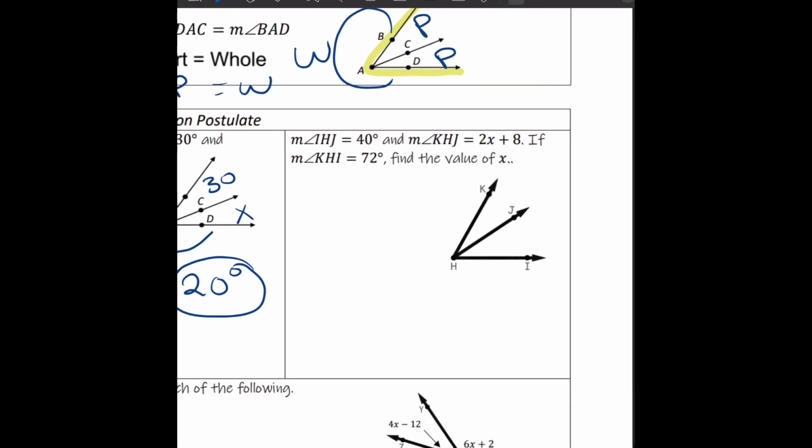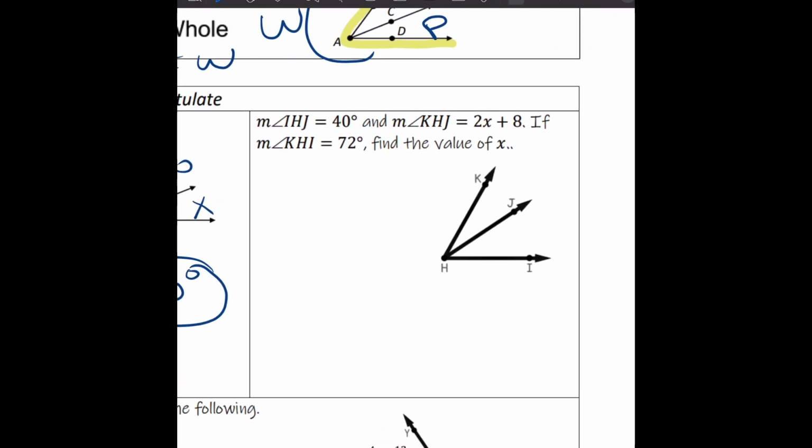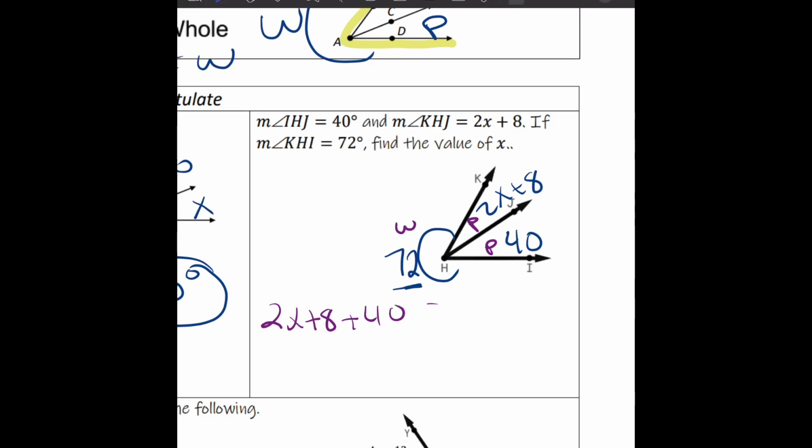Okay, and then we can try it again. It says IHJ is 40, KHJ is 2x plus 8, and the whole thing is 72. Because it doesn't say angle bisector and there are no congruent marks, we can't set the parts equal. But we have the whole thing right here, so that's what we set it equal to. So this is part, part, whole. So 2x plus 8 plus 40 equals 72.